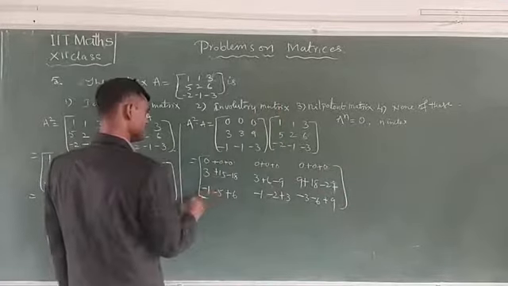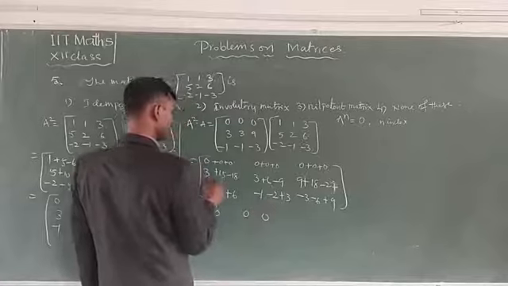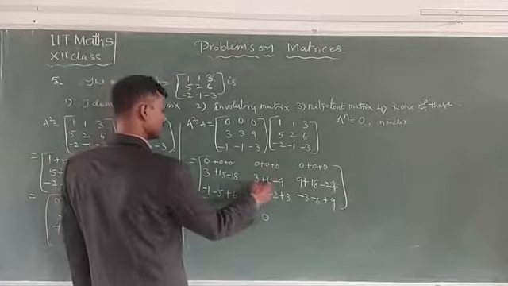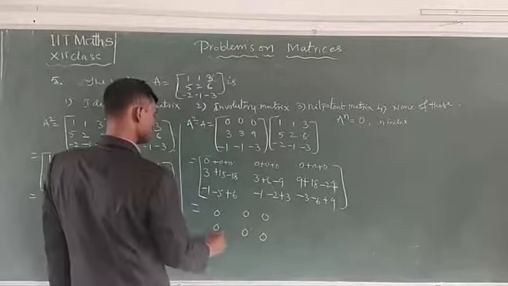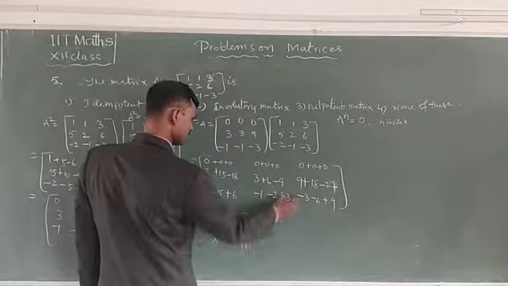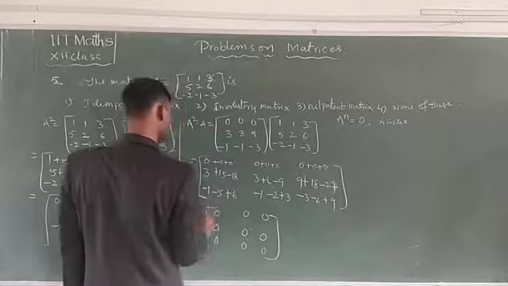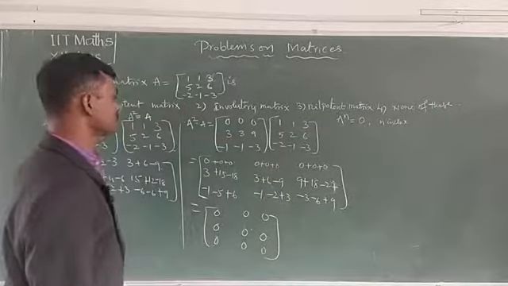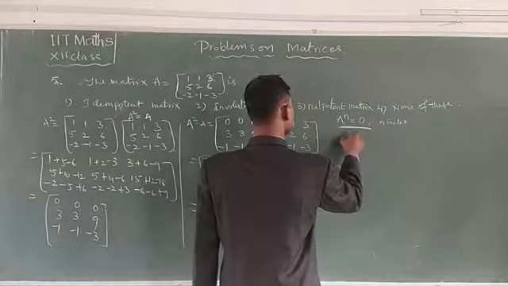Now see here, this is 0, 18 here, this is 0, 0, this is 18 minus 18, 0, this is 9 minus 9, 0, here this is 27, 0, this is also 0, 0 and this is also 9, 0. That means A power 3 is equal to 0, that is, A power n is equal to 0 where n is 3.